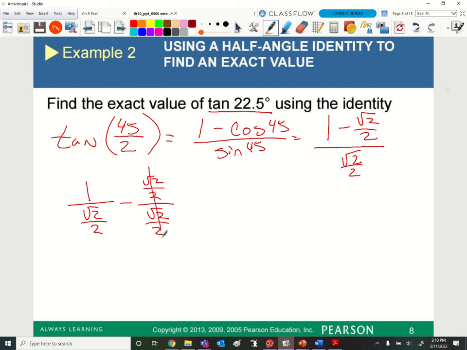Very good. That all cancels out and gives me 1. But I've got a fraction on the left side, so I multiply 1 by the reciprocal of the bottom. It turns into 1 times 2 over rad 2, and I still minus the 1. So this gives me 2 over rad 2 minus 1. It's almost there.